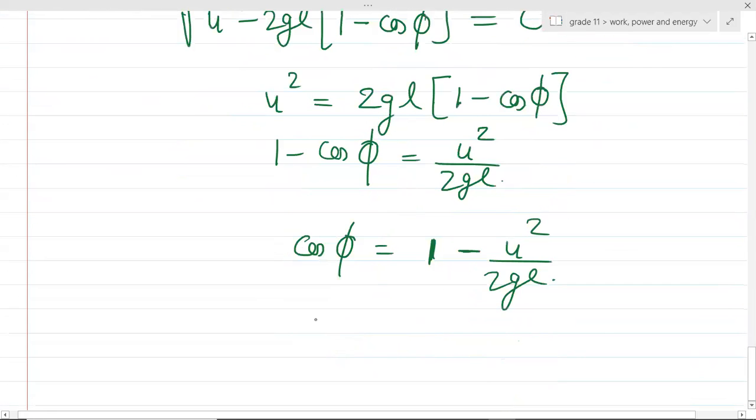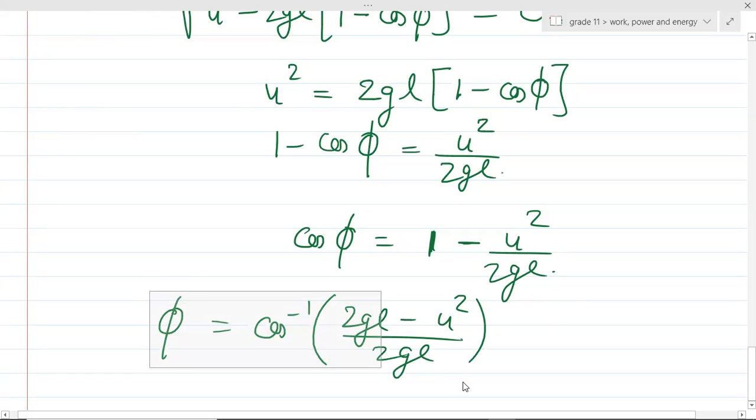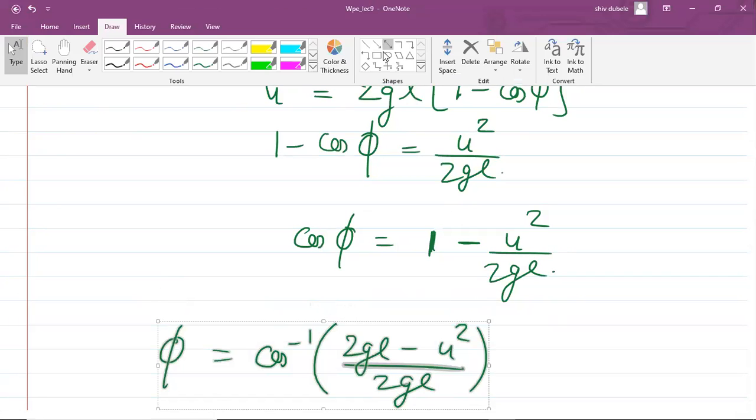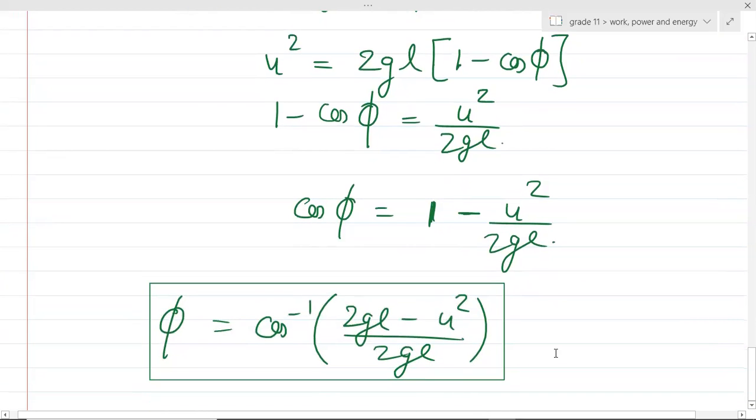Or I can solve it further: phi will be equal to cos inverse of (2gl minus u square) by 2gl. So this is one of the formulas, 2gl minus u square upon 2gl.